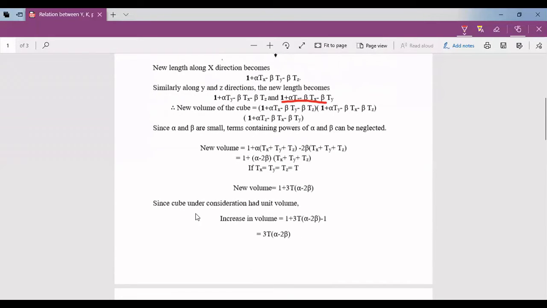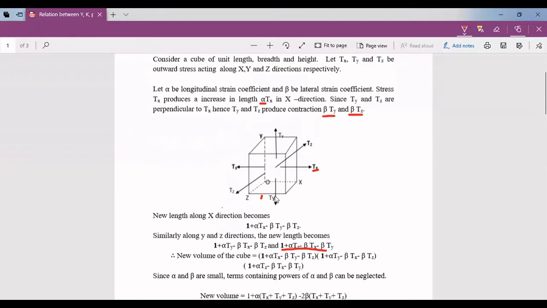Since the cube under consideration had a unit volume, as I already told you, the volume of the cube is 1 centimeter: unit length, unit breadth, and unit height.